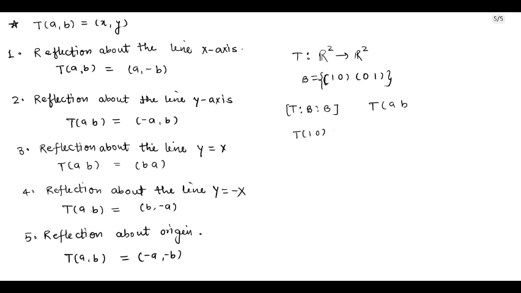If we define T(a,b) as (a,-b), then T(1,0) is equal to (1,0), and T(0,1) is equal to (0,-1). Then you get the matrix 1 0, 0 minus 1, right? Yes, sir. Clear?